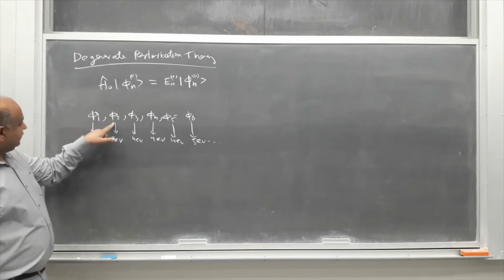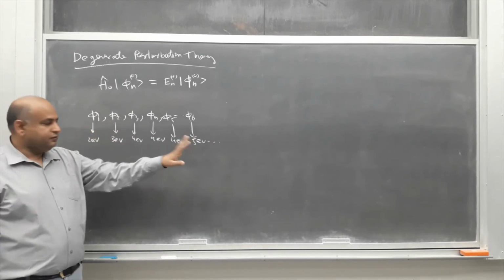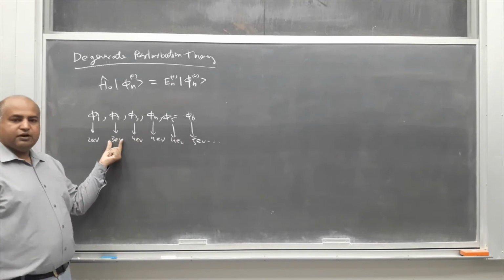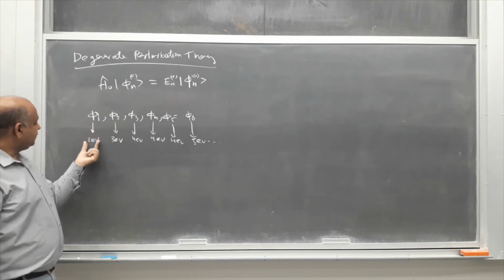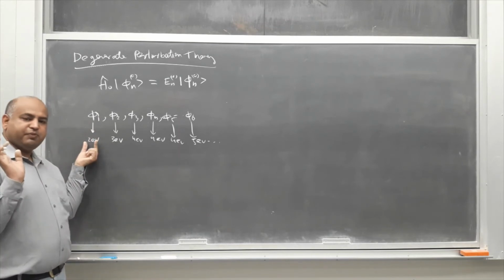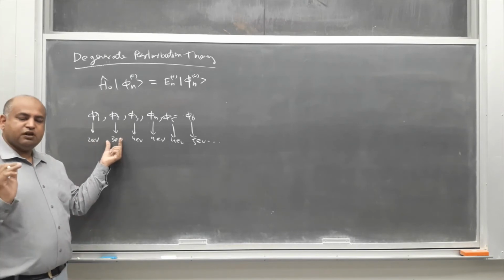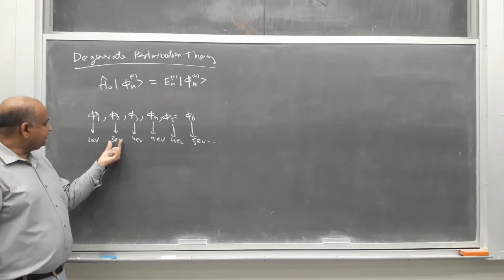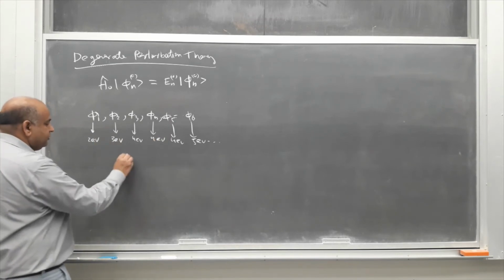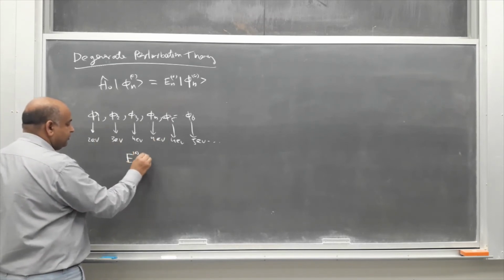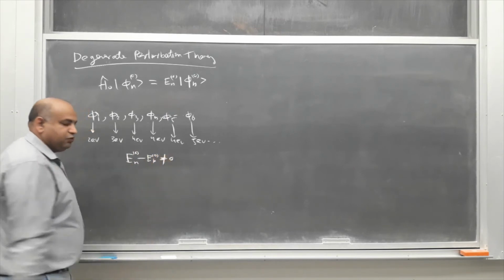So for these states which have different energy than everything else, you can still use the non-degenerate perturbation theory. For example, correction to phi 1 can be found from the non-degenerate perturbation theory that we just studied. Correction to phi 2, we can still use non-degenerate perturbation theory because its energy is different than everything else, and there won't be any place where En minus Ek will be 0.